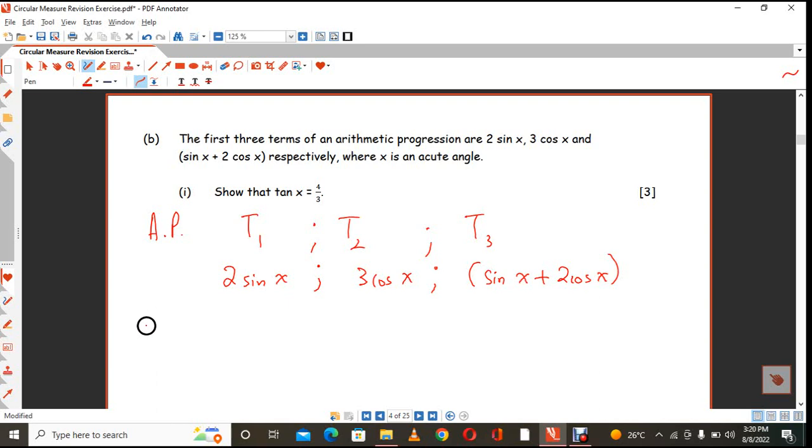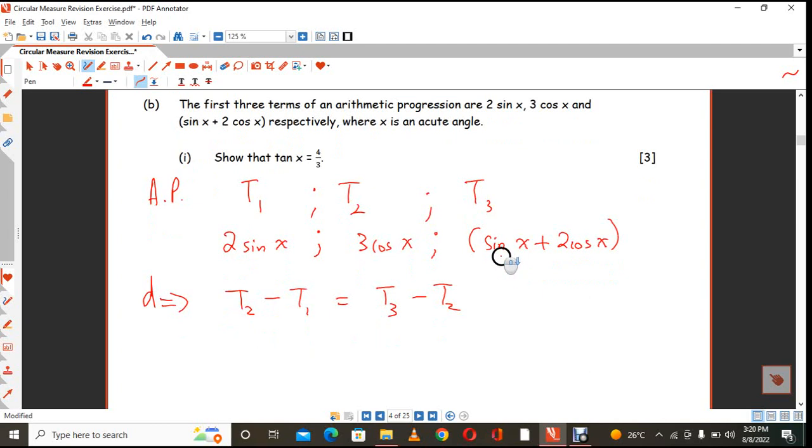So what do we know? In order for us to find the common difference, we take term 2 minus term 1, and say that is equal to term 3 minus term 2. So term 2 is 3 cos x minus term 1, which is 2 sine x, should equal term 3, which is sine x plus 2 cos x.